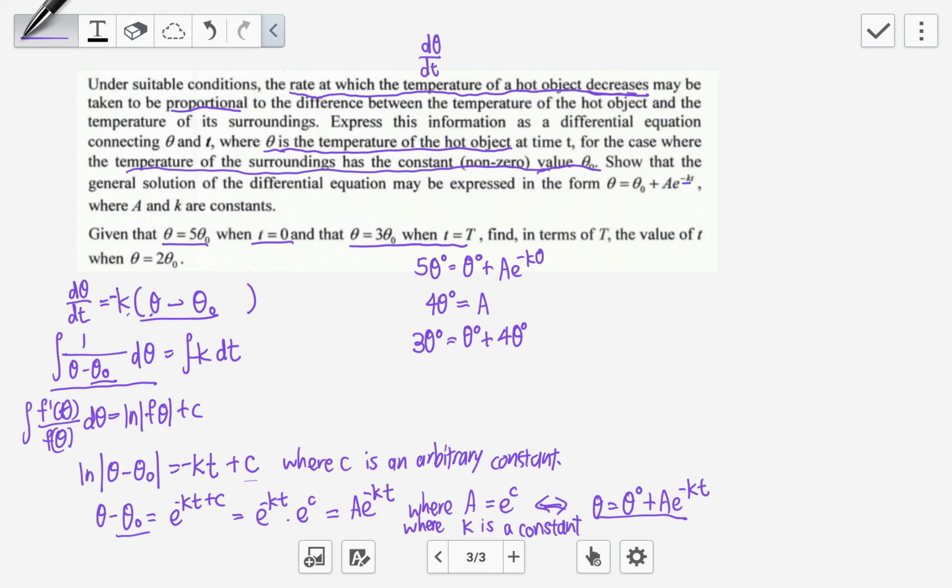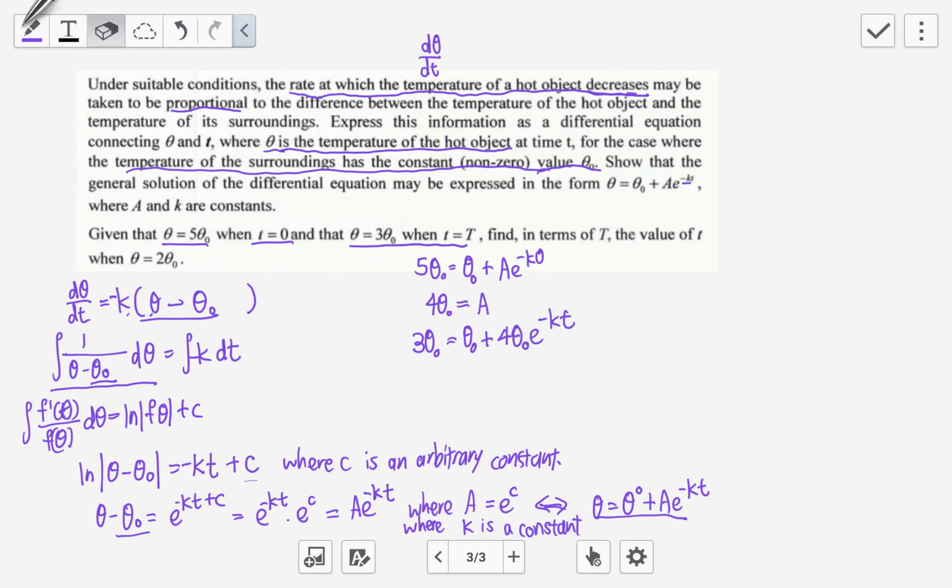Oops. I've been writing the 0 on top when it should be below. So I just write the 0 below. It's just theta naught, it's not a degree, just to avoid the confusion. 3 theta naught equals theta naught plus 4 theta naught e to the minus KT.